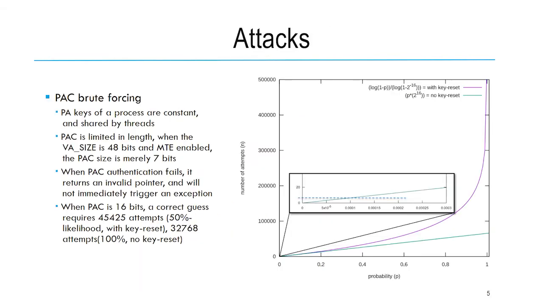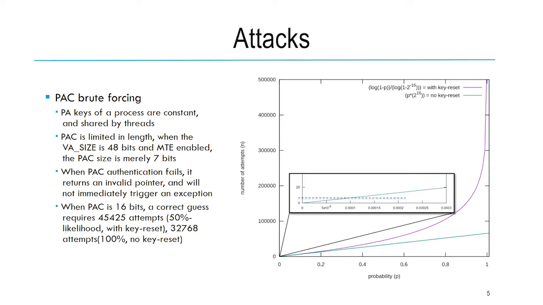Now we will talk about the attacks on PA. The first possible attack is PAC brute forcing. This is because the PA keys of a process are constant and shared by all the threads in a single address space. The key will only be reset when the process is killed. Additionally, the PAC is limited in length.